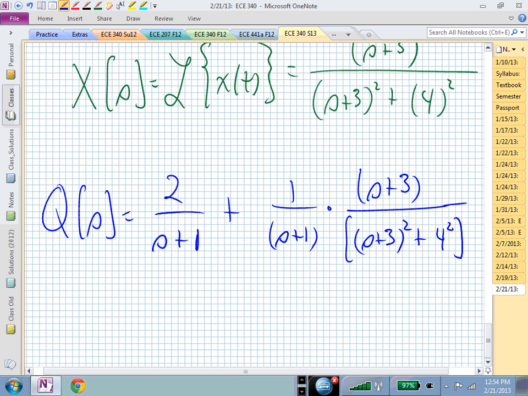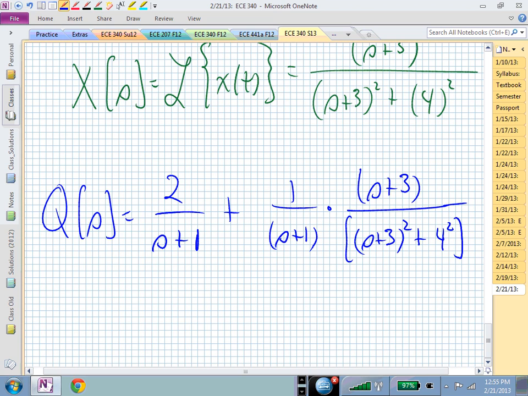And you did this on exam 1. If I ask you what's the structure of little q of t, you should be able to tell me what it looks like based on this expression.